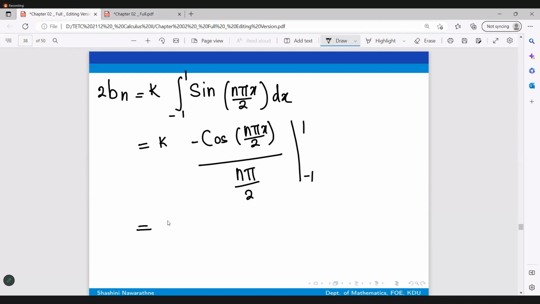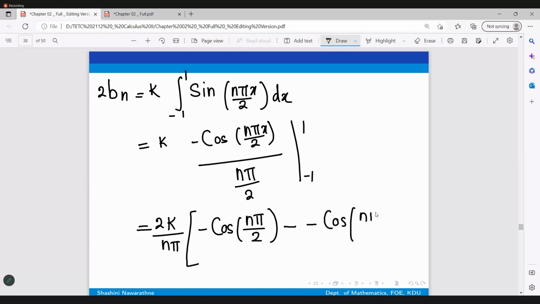So we can write that 2k over n pi, minus cosine n pi x at x equal to 1 over 2, minus minus cosine n pi x at x equal to -1. So this should be minus over 2.